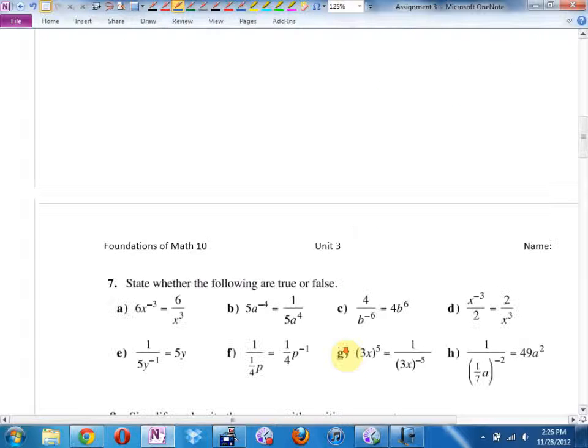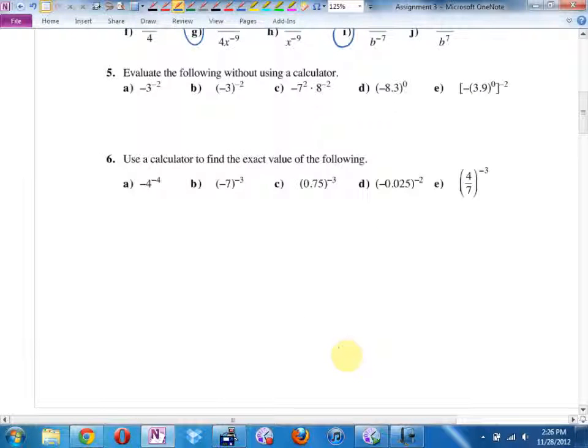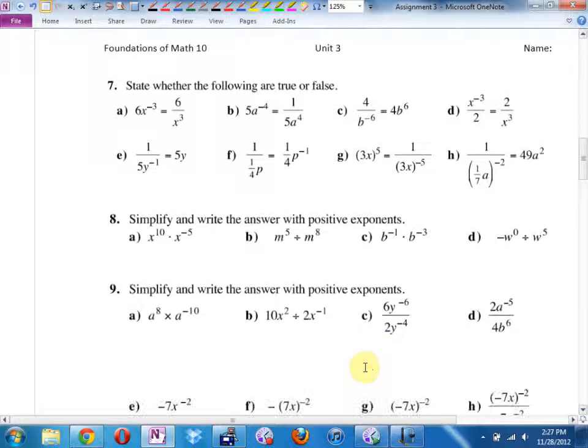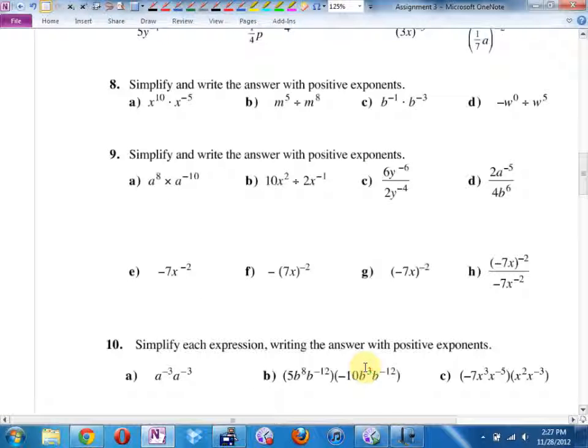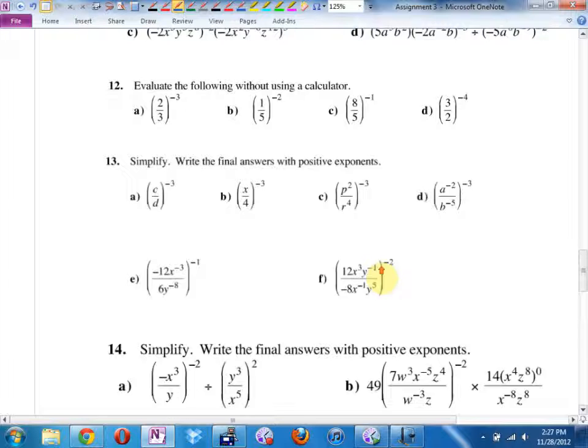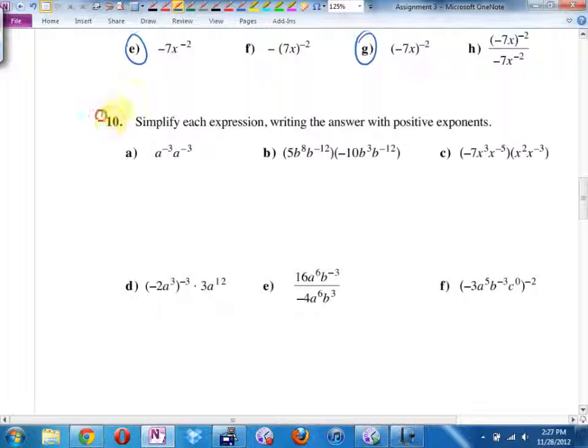Evaluate the following without using a calculator. Let me see. I'm going to pass on 5 and 6. Try 9, A, C, E, and G. We'll go 10 all.